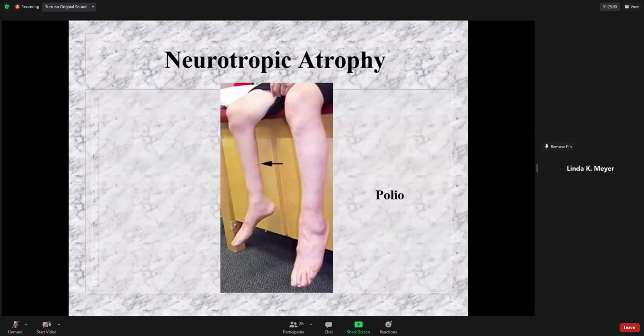And then back before our time, there were individuals that were affected by polio, or the virus that causes polio would damage the nerves, and you can see the atrophy of that person's leg.